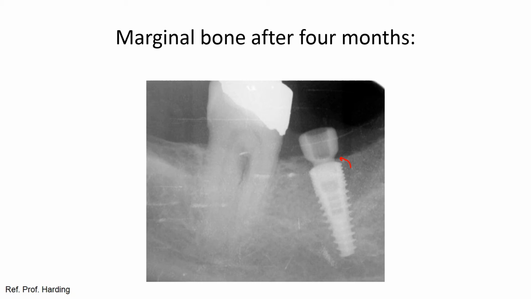So some implants you place such that the restorative platform must be level with the crest of the bone. Other implant systems, you have to have the restorative platform slightly above the bone or even at tissue level, and this is called a tissue level implant.